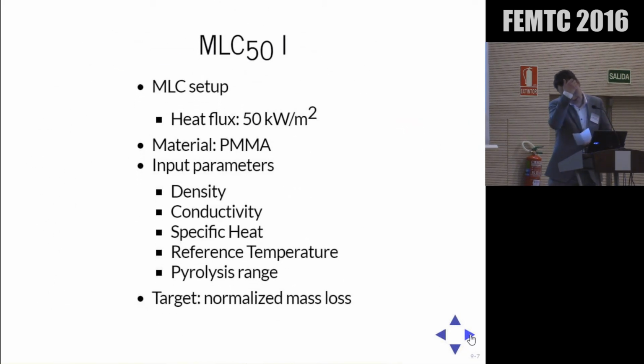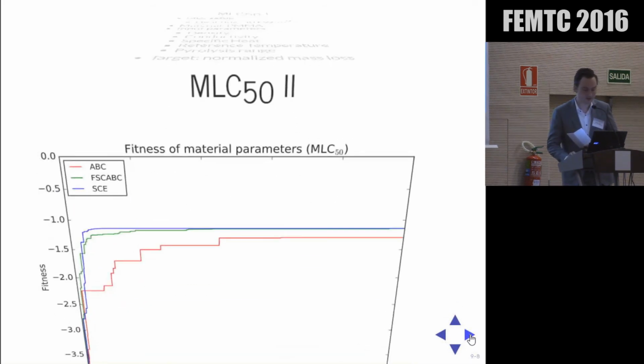Then we had an MLC setup, used a single heat flux of 50 kilowatt per square meter, used 2 different background layers, the insulating and the conducting background layer, had as material PMMA, had as input parameters density, conductivity, specific heat, reference temperature, and pyrolysis range for one reaction while modeling PMMA, and again used as target function normalized mass loss.